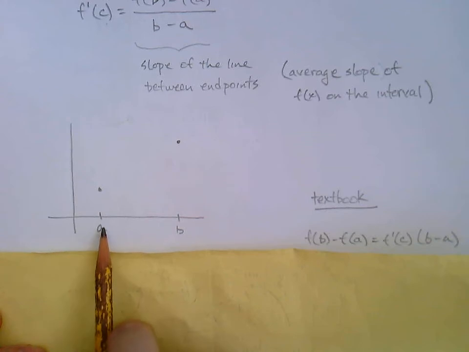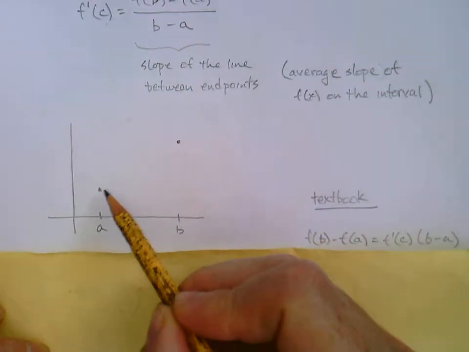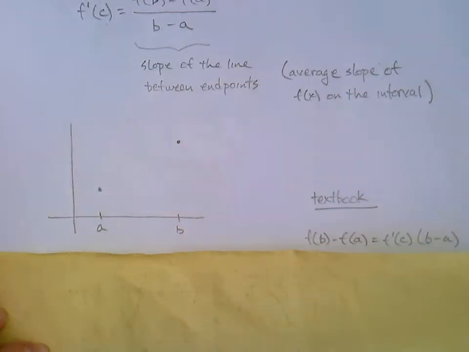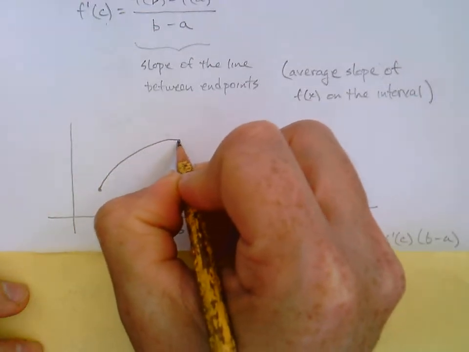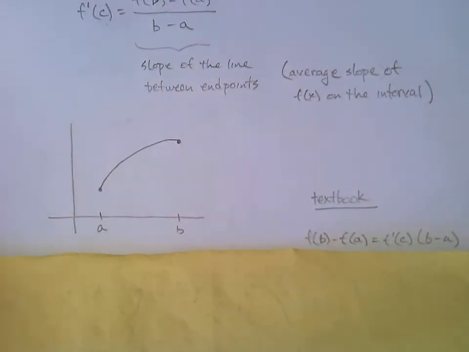Okay, so here we go. We've got a point a and a point b. Now the y values don't have to be the same, but they are going to be connected with a continuous differentiable function. So what if I just do something real simple, just a curve like that? Here's what the mean value theorem says.